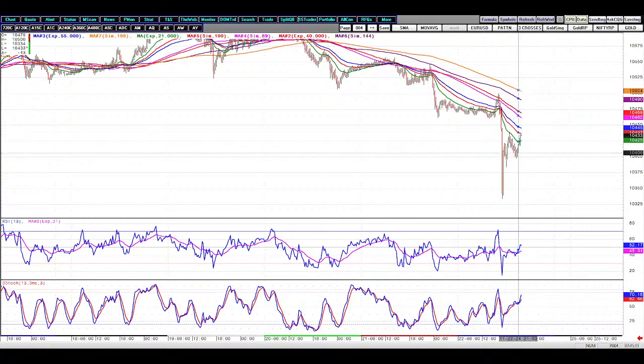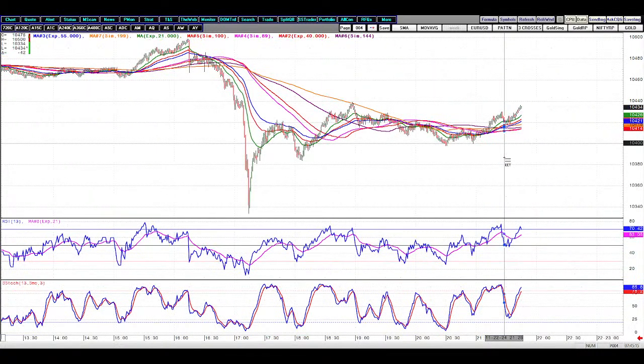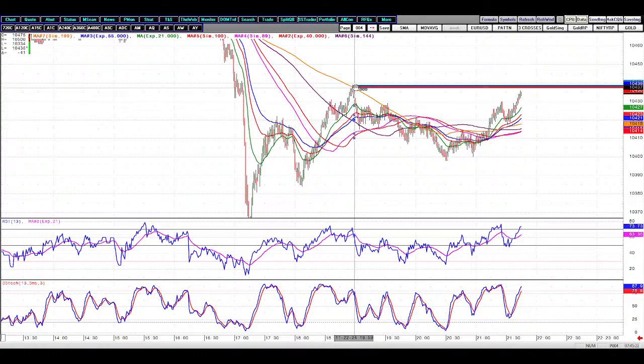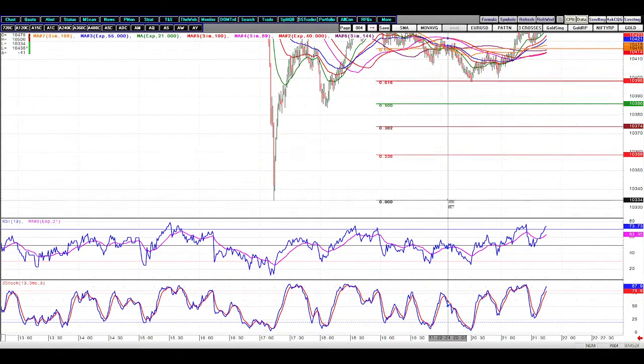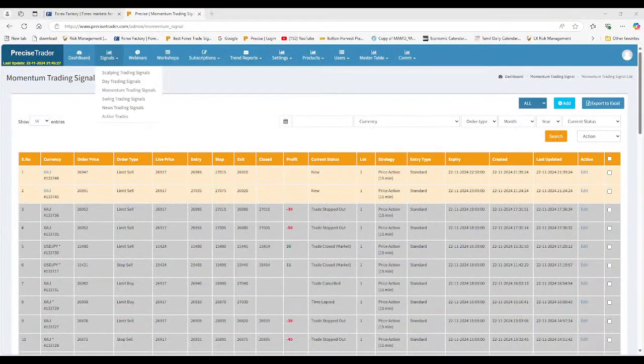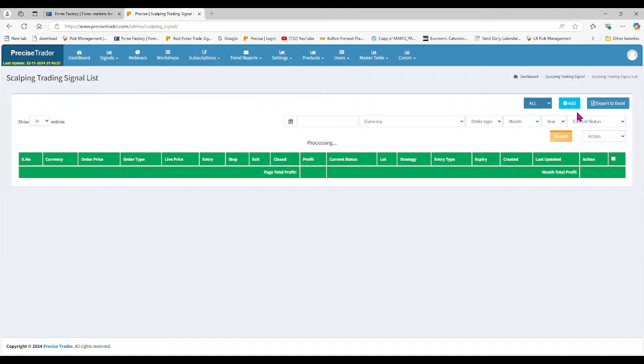So what we can do is go for a buy at 410 or 420 and exit before 460 or 65. This would be your next signal, and this is a scalping trade.